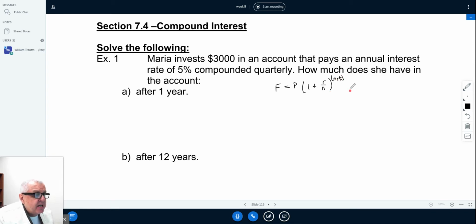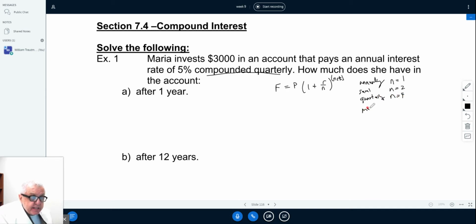N is the number of times our money is compounded. Compounded means how often they calculate the interest on the money. If they say we're going to compound the interest annually, that's once a year, so N is 1. Semi-annual is twice a year. Quarterly is 4 times a year.